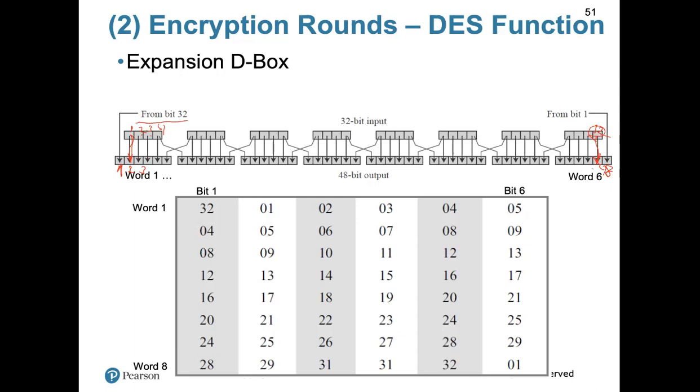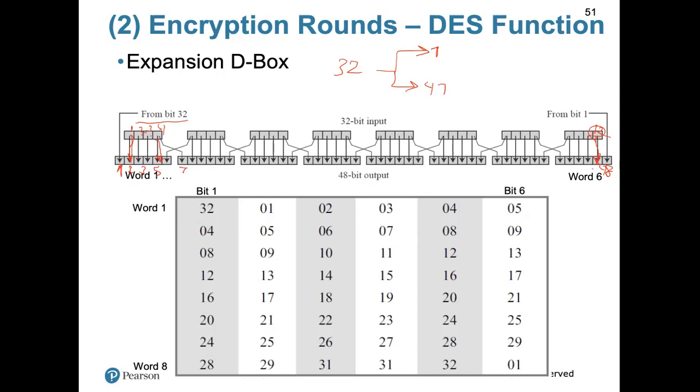So in fact, bit number 32 will be used to fill 2 different places: the first one is bit number 1 at the output, and bit number 47. So this is the expansion. We are using 1 bit to fill 2 positions. And this is the structure. Bit number 4 is used to fill position number 5 plus position number 7.